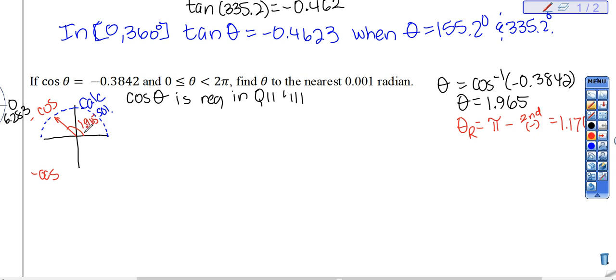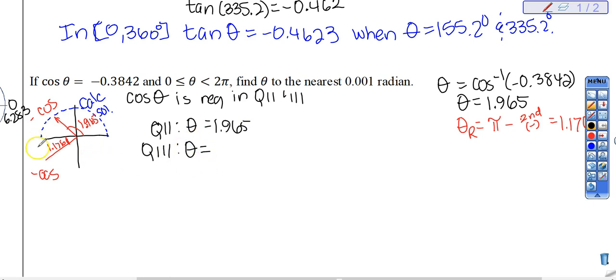So we already know theta in quadrant 2, but we need the reference angle, 1.176, to help us find the value of theta in quadrant 3. But again, we already know what it is in quadrant 2 because the calculator told us what it was. So in quadrant 2, theta equals 1.965. But in quadrant 3, we're going to have to do some calculations.